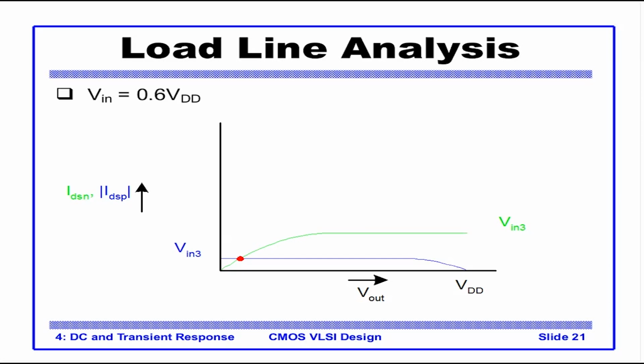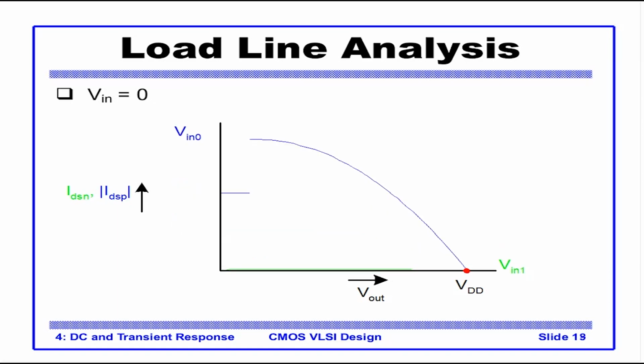In case somebody is confused about what happens when, in this graph the IDSN is actually 0, flat along the x-axis. The red point represents the intersection. So we again view V in 0, V out is VDD, and the IDSP graph is represented by the blue line.